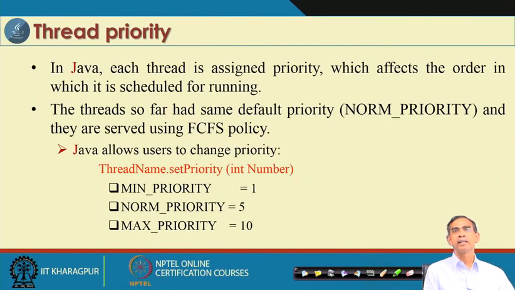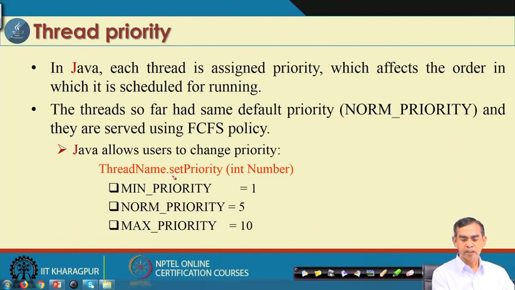Now, so far as the priority of a thread is concerned, there are 3 different priorities: min priority, norm priority, and max priority. They have global values 1, 5 and 10. We can set the priority of a thread by calling the method setPriority, which is defined in class Thread.